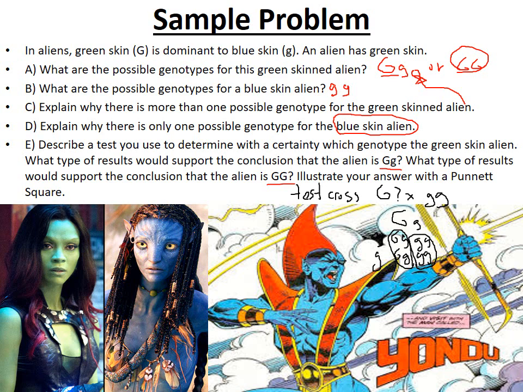Basically, the idea is that as long as I produce some blue, then I must have had the little g allele. If I didn't produce any blue with a large sample size, then I didn't have a little g allele. I only had the big G.